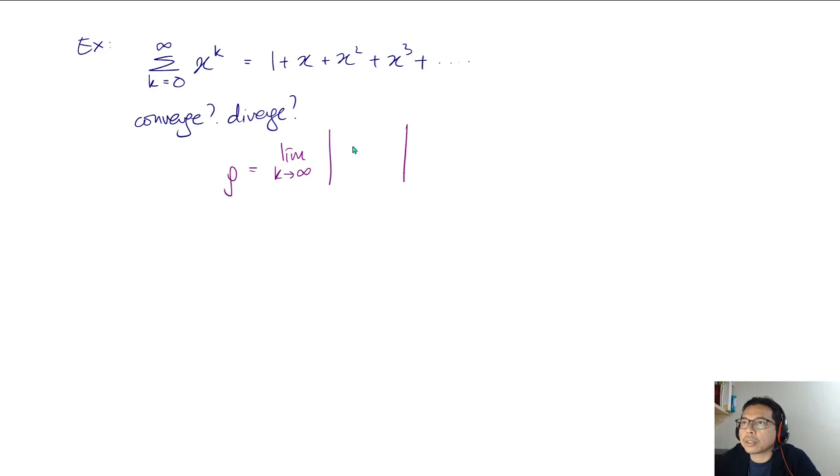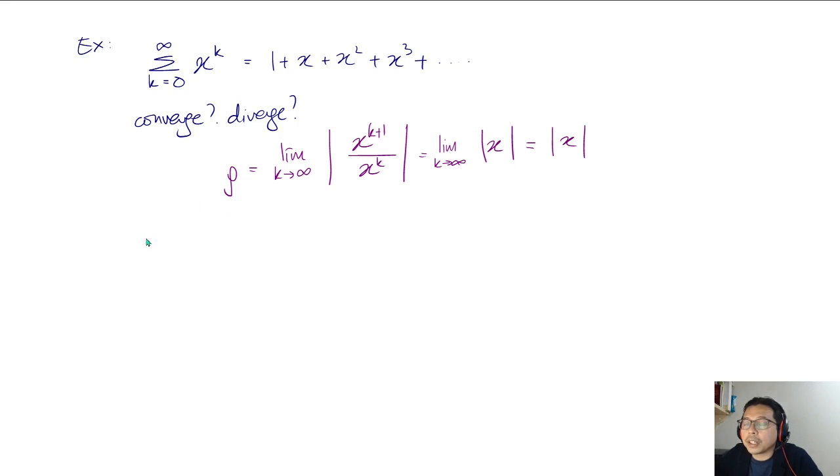The k plus 1 term is x to the power of k plus 1 divided by x to the power of k. This is easy, because all we have left is just x. So the value for rho is the absolute value of x.